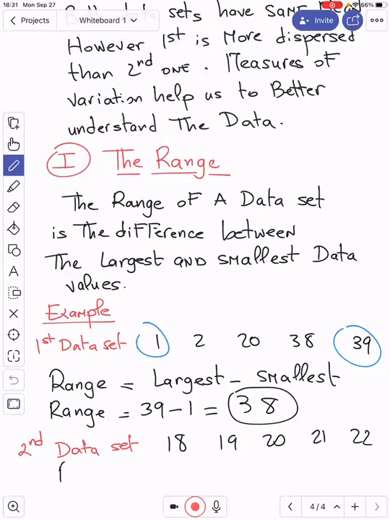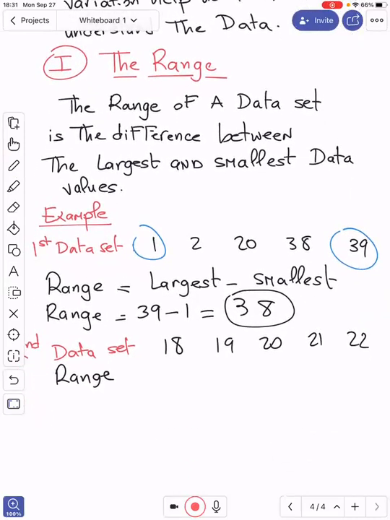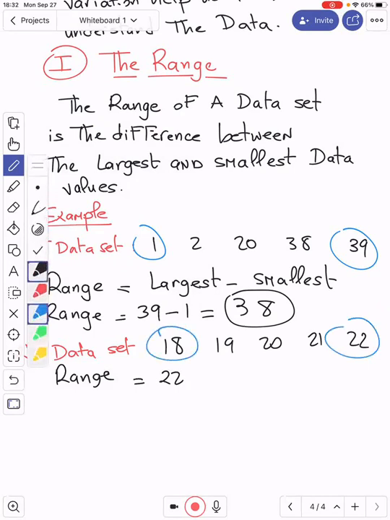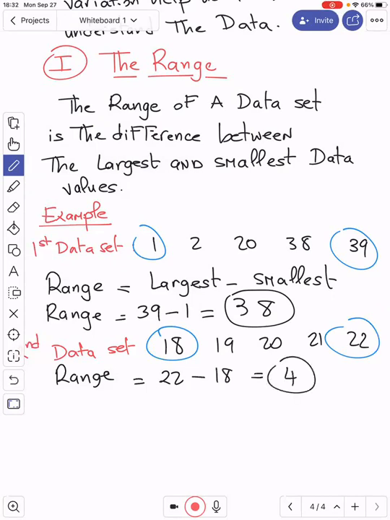The range in this case would be 22, the largest value, minus the smallest one, 18, so that's 4. Of course, the range of the first data set is larger than the range of the second data set. In other words, the first data set is more dispersed than the second data set.